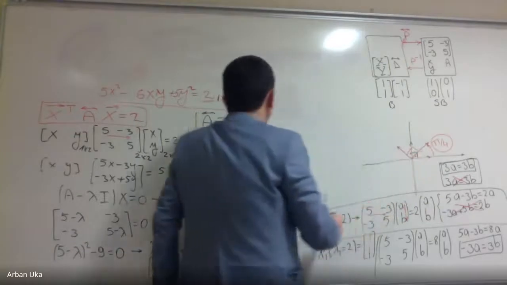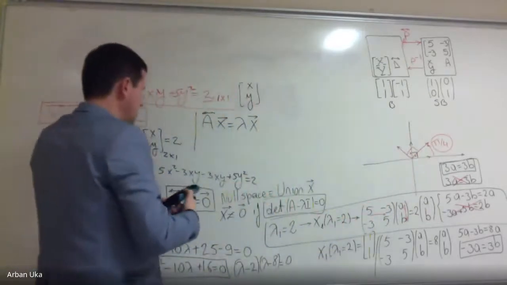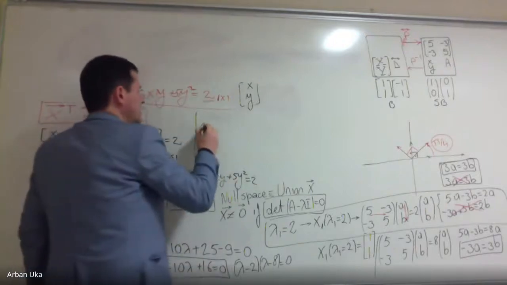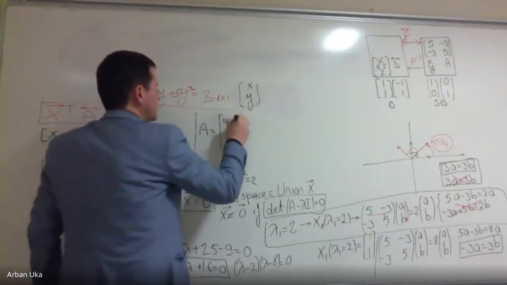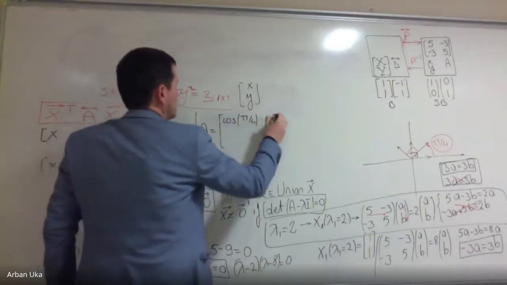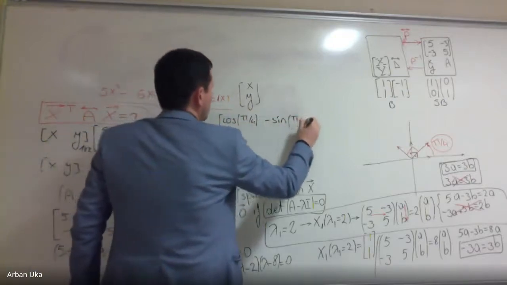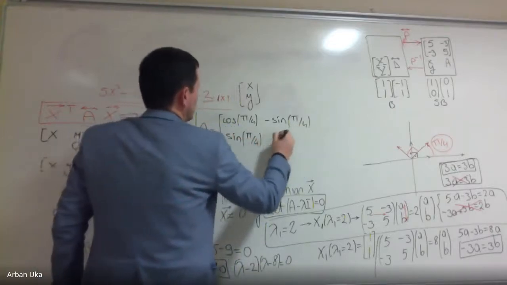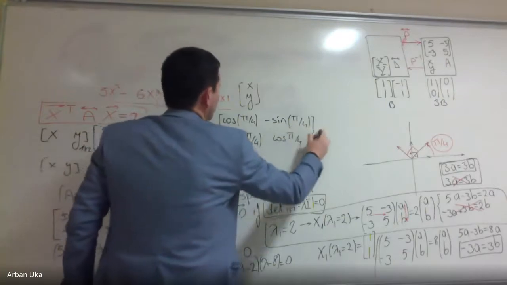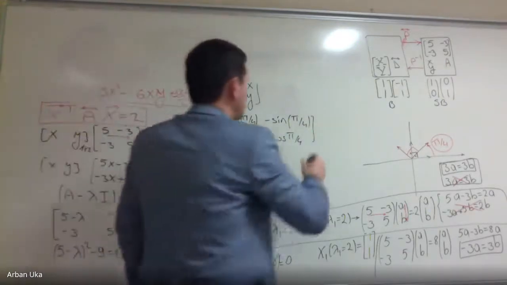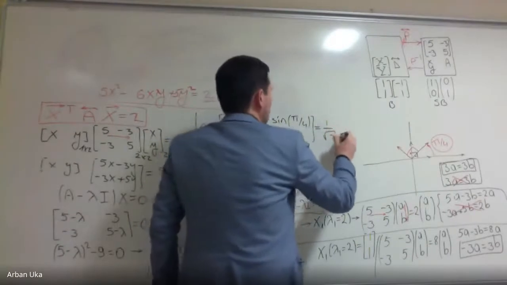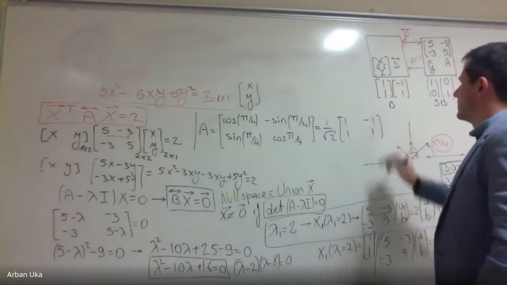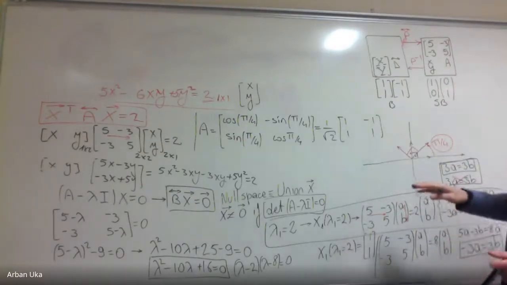If this is the rotation by pi over 4, rotation matrices can be written as such. Here we have cosine pi over 4, minus sine pi over 4, sine pi over 4, and cosine pi over 4. And if we substitute the values, we get 1 over square root of 2 times the matrix 1, minus 1, 1, 1.